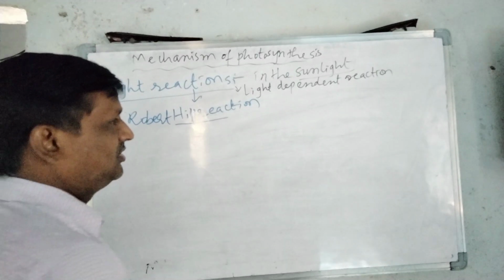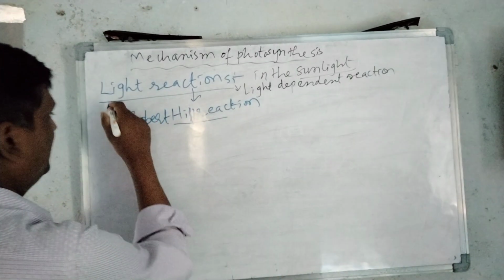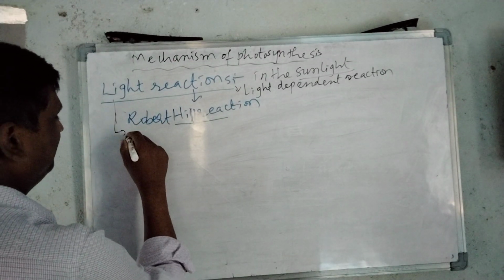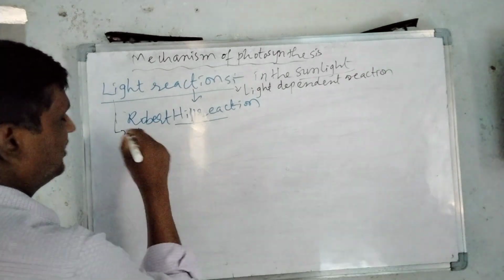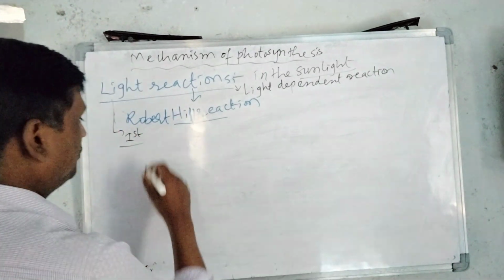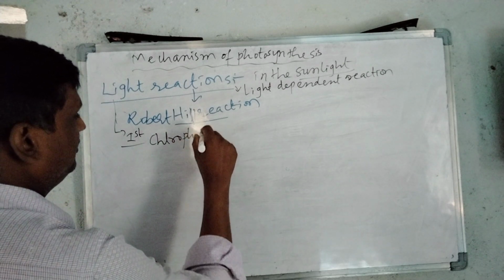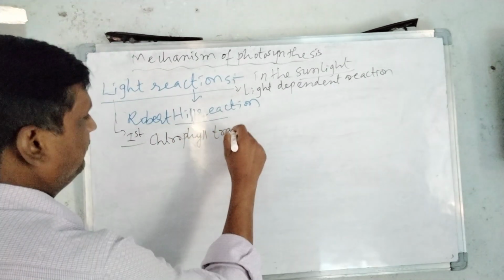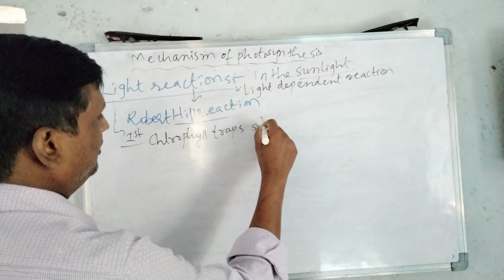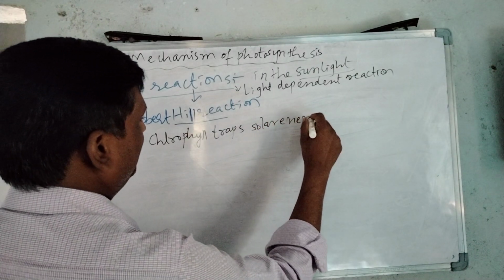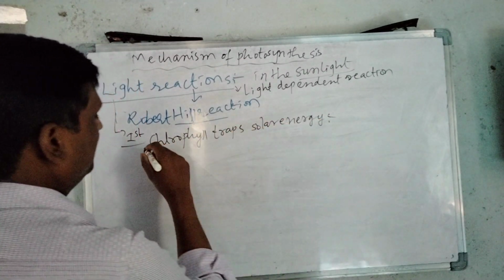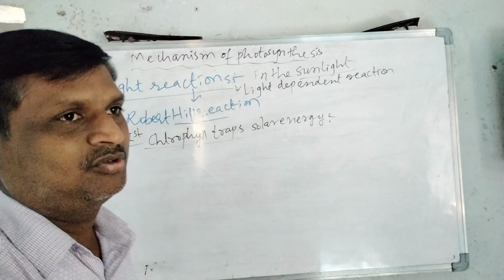The light reaction has three phases. The first phase is that chlorophyll traps the solar energy. Very important: how does chlorophyll trap the solar energy?